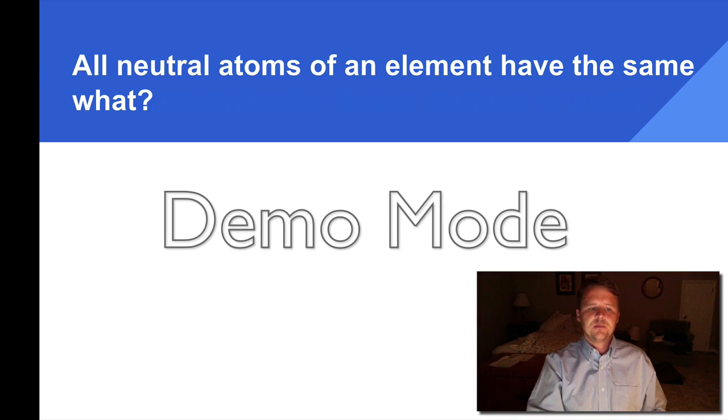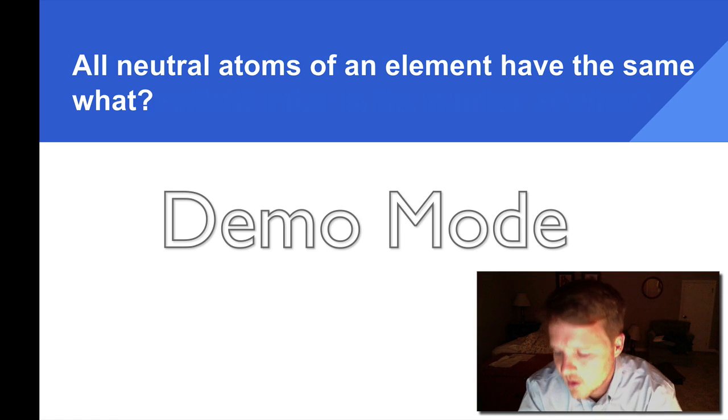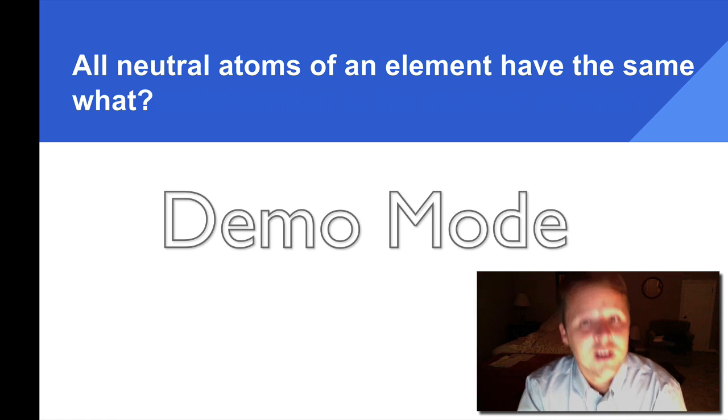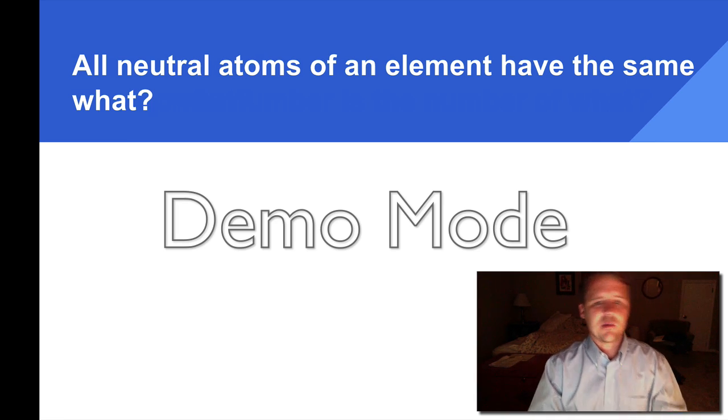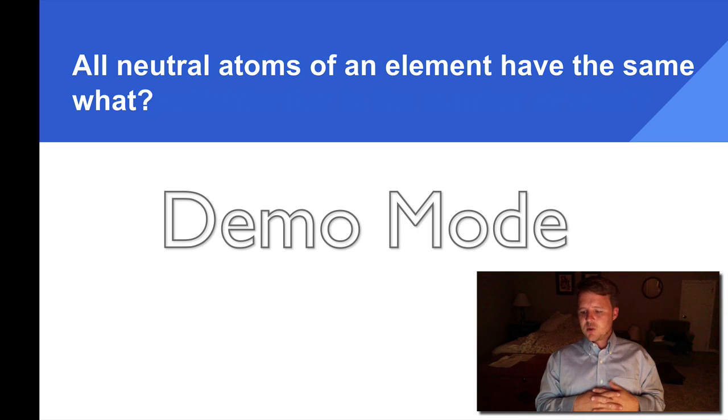All neutral atoms of an element have the same what? They'll have the same number of protons and the same number of electrons, because they balance each other out. Protons have +1, electrons have -1, so they balance each other out to a 0.